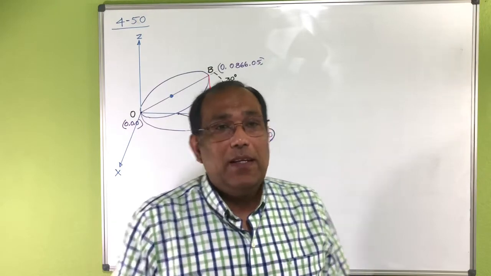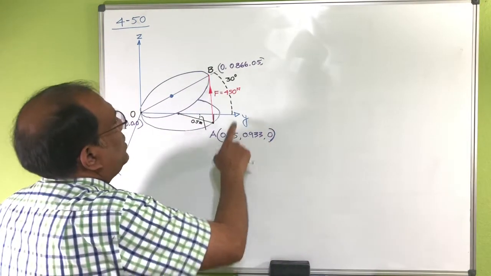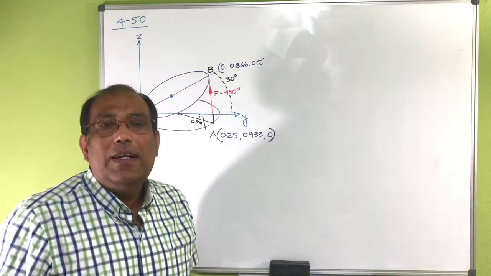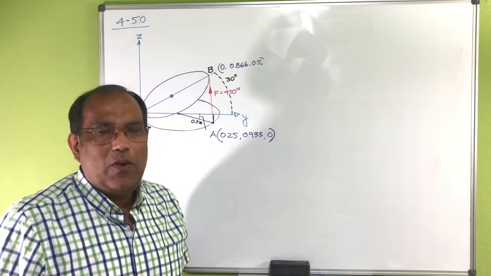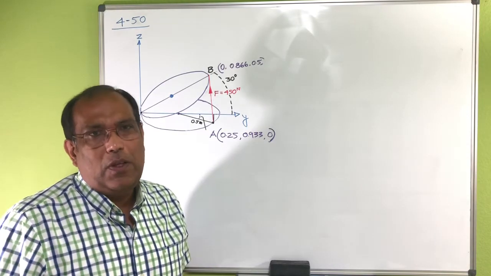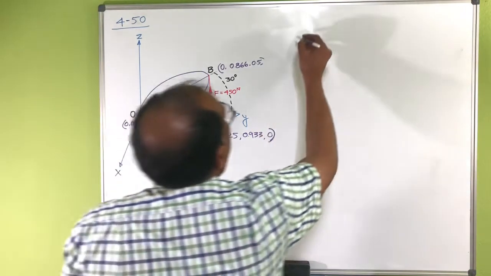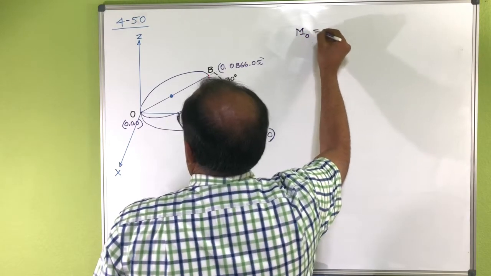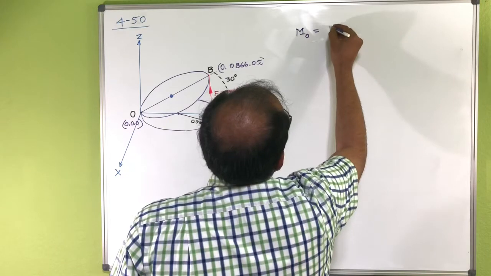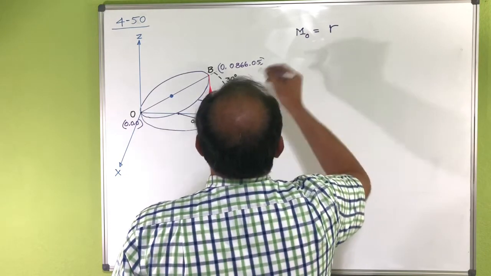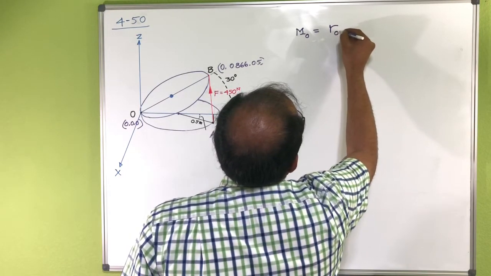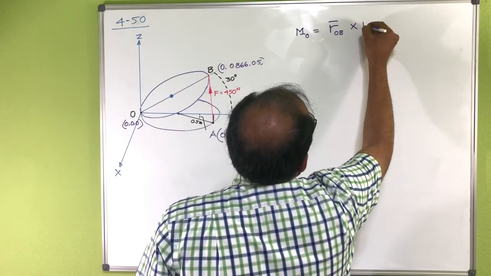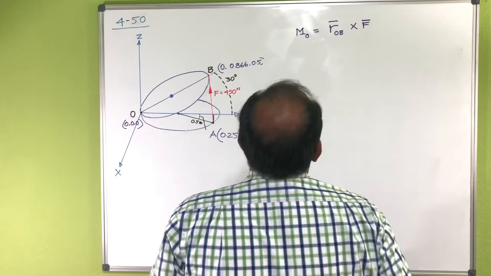Now once we get these values or the coordinates here, then basically we can find out our force vector as well as our position vector to find out the moment, right? So my moment here is, let's say, moment at O, that should be equal to position vector from O to A or O to B. Let's say I'm just taking O to B cross my force vector.